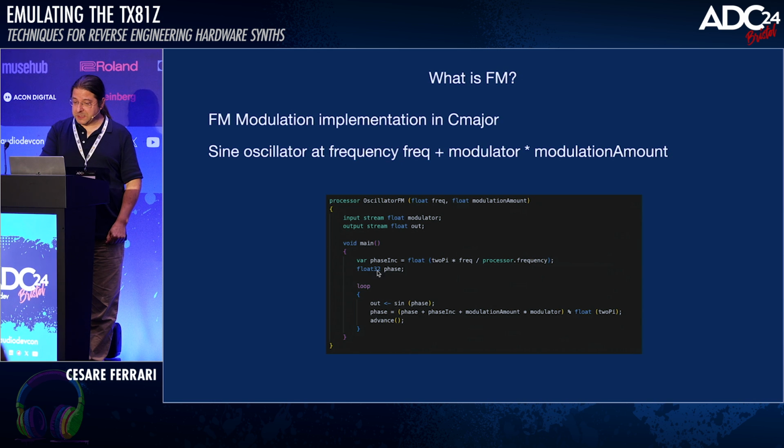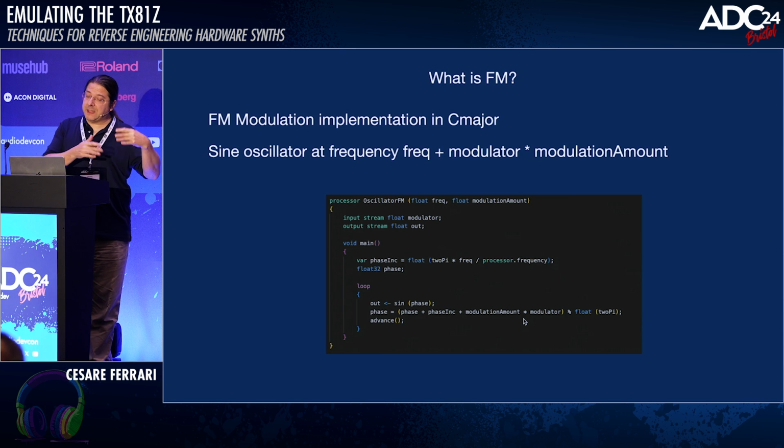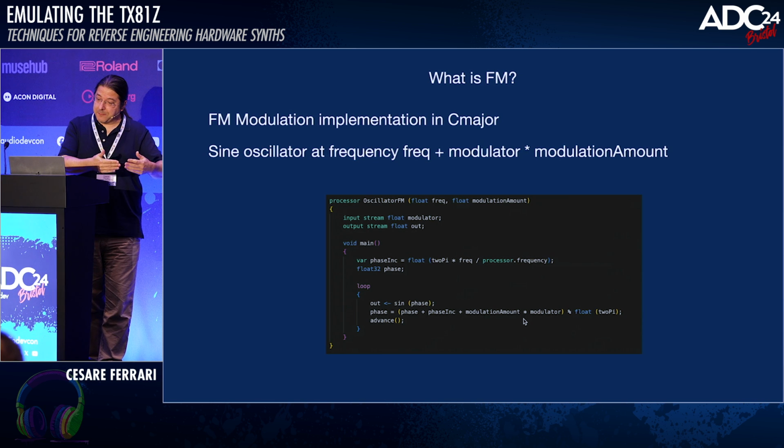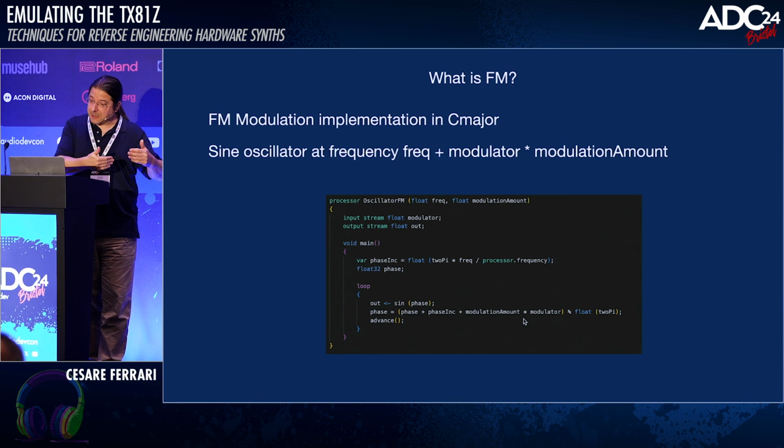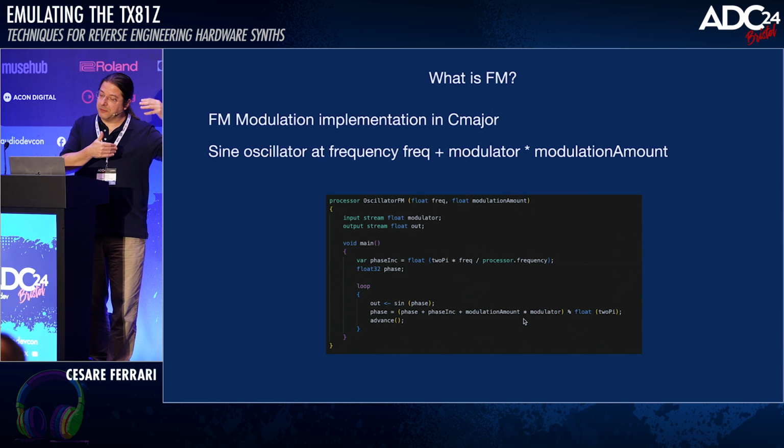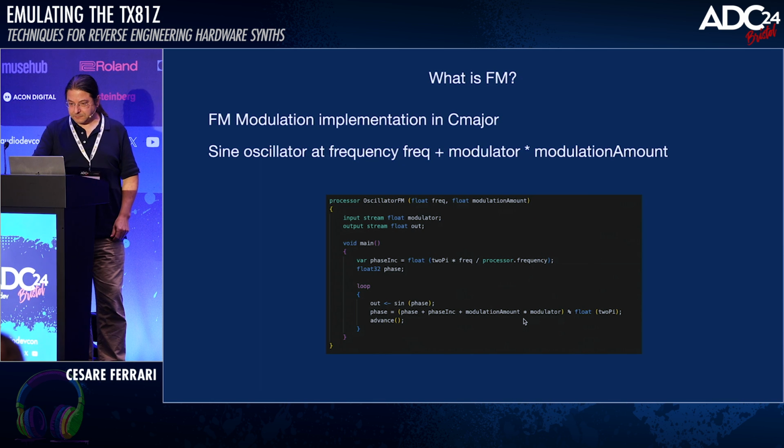Really what we're doing is sitting in a loop, outputting sine of phase. The phase is being incremented by the phase increment, which is the frequency that the oscillator is running at, but also, in addition, some factor of the modulation input by the modulation amount. So basically, the phase is being incremented by a constant amount based on the frequency of the oscillator, plus an additional amount based on the modulator input.